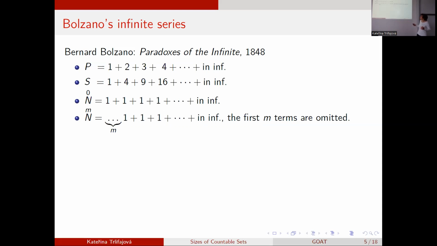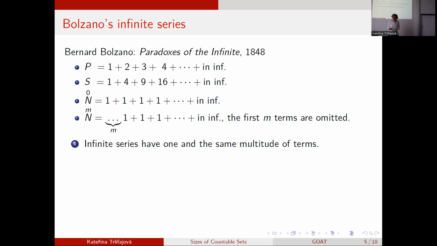It is similar to the previous one. However, the first m terms are omitted. And from his way of treating these infinite series, we can conclude several principles that Bolzano uses. First is that infinite series have one and the same multitude of terms.